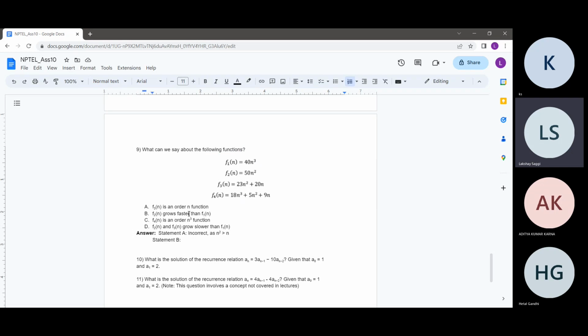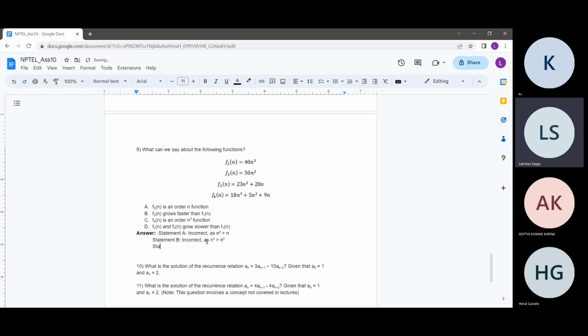And it's saying f2(n) grows faster, so it says n square grows faster than n cube. So this statement is also incorrect. So Aditya, option B is also incorrect, because n cube is greater than n square.